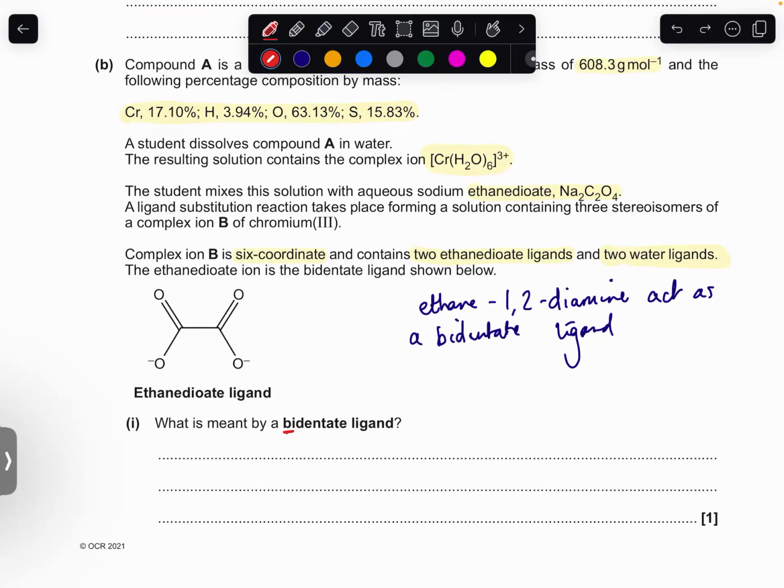So what is meant by this is that it donates two electron pairs to form two coordinate bonds. It's an identical answer to the 2022 paper, but the question is worded differently.